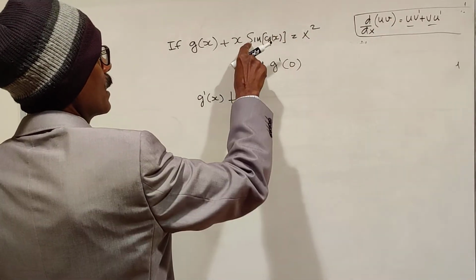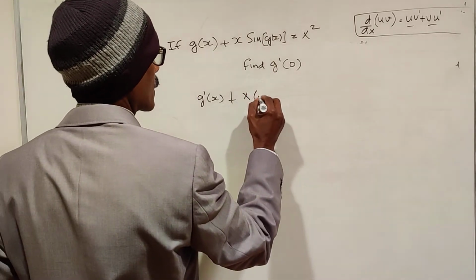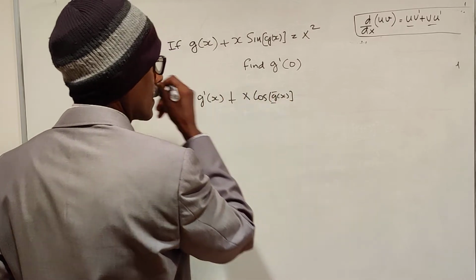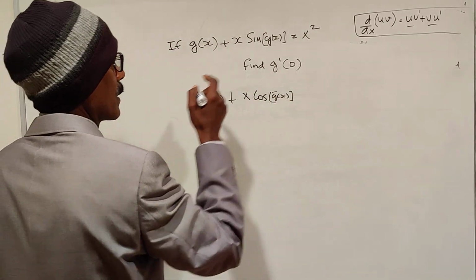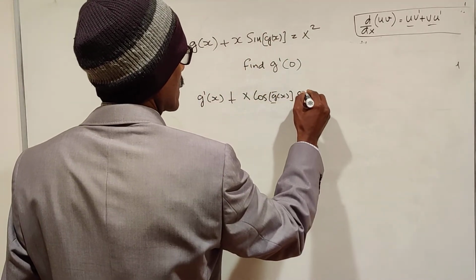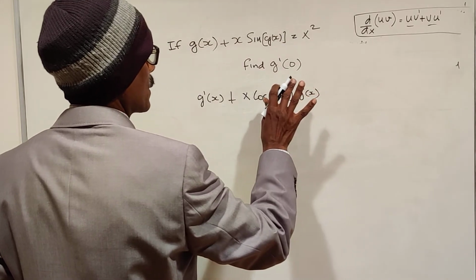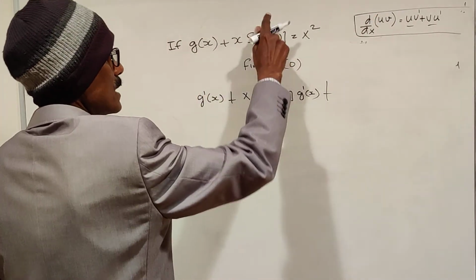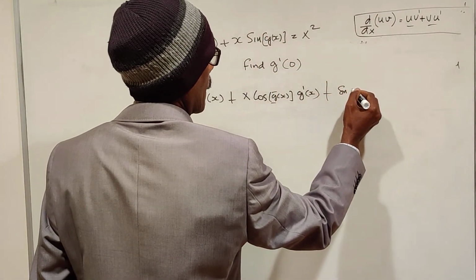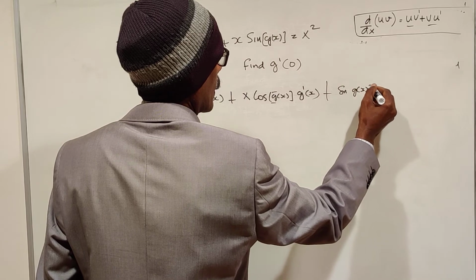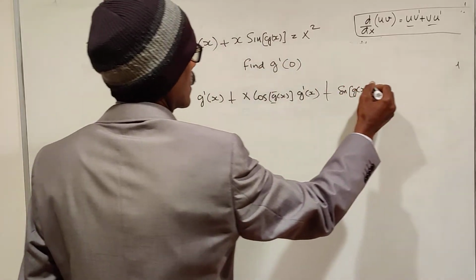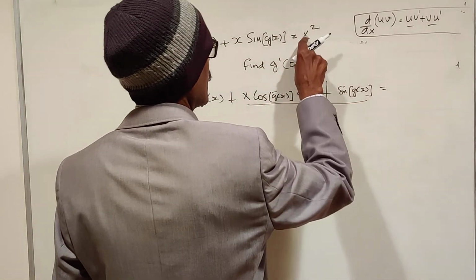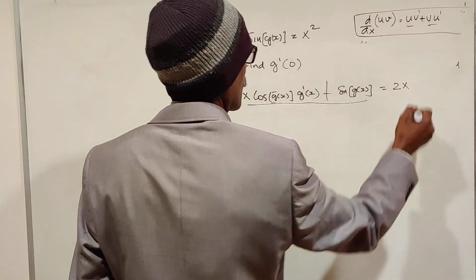First function into the derivative of sine, cos g(x), then the derivative of g(x), g dash x. That one is finished. Then plus second function sine g(x) times the derivative of x, 1. Equals the derivative of x squared, 2x.